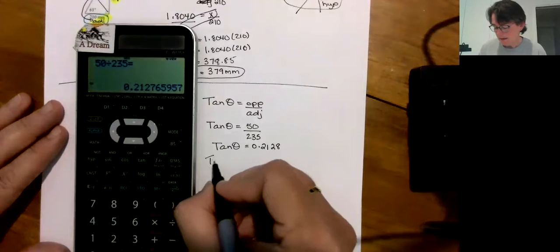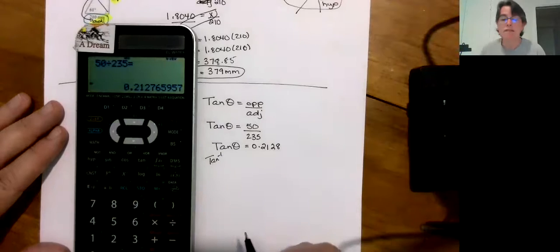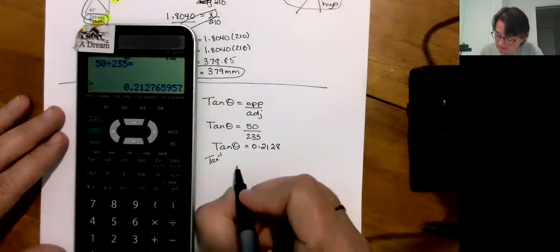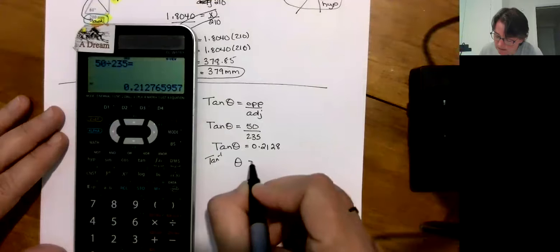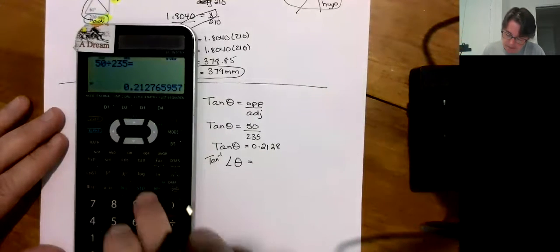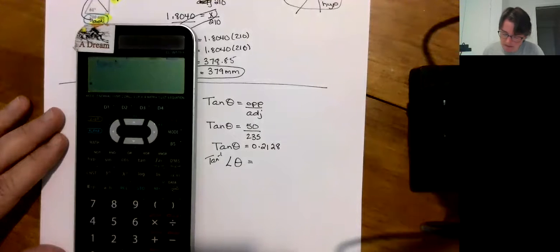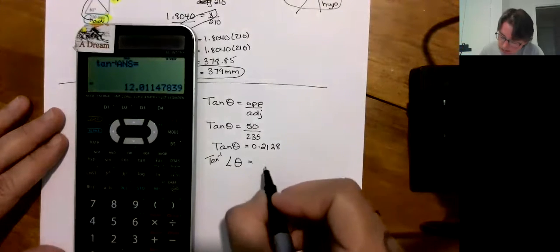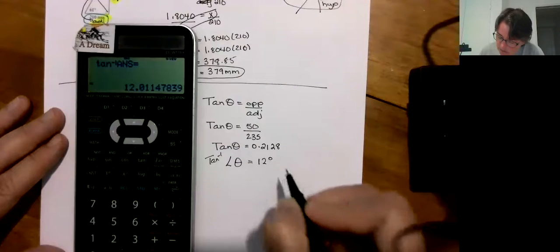And then I'm just going to write that in there to remind me what I did and how I magically went to a theta or angle theta. Second tan. Put that number back in and I get 12 degrees.